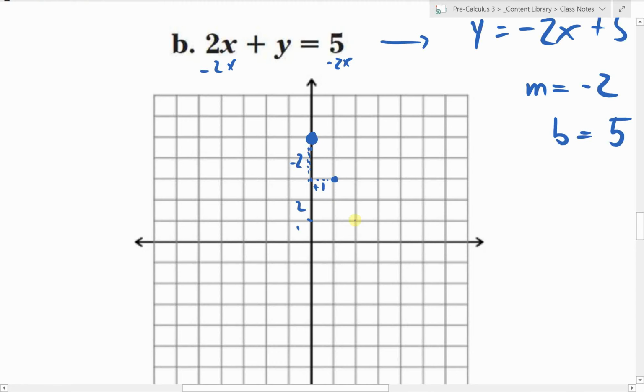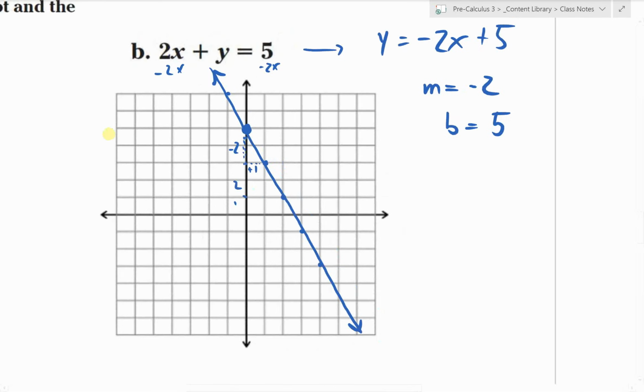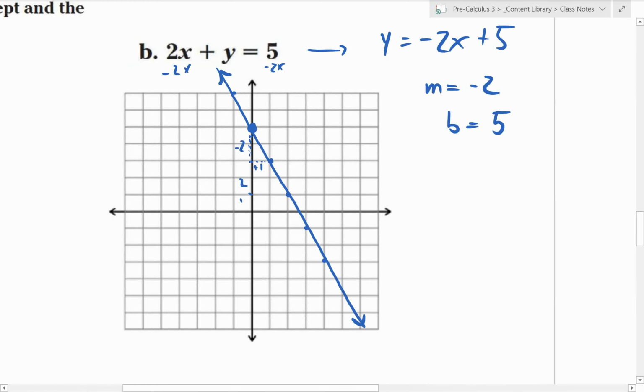I could keep going down 2 over 1, down 2 over 1 to make sure I get a nice straight line that follows the given slope. The more points you can plot, the more accurate you'll be. If you can use a straight edge, you'll get a really nice straight line. All right, so there's a basic review of slope-intercept form. I'm sure you feel pretty comfortable with that, but you'll get some practice with that in the homework.